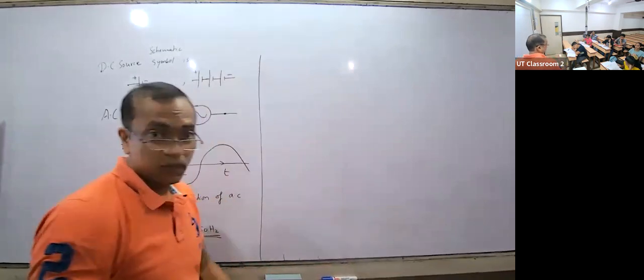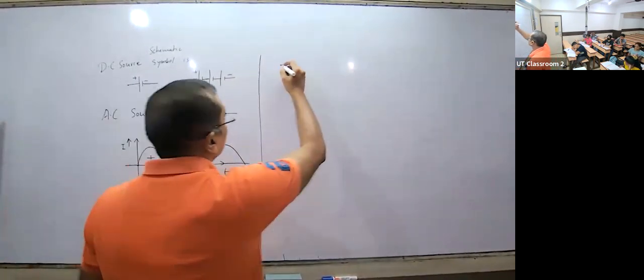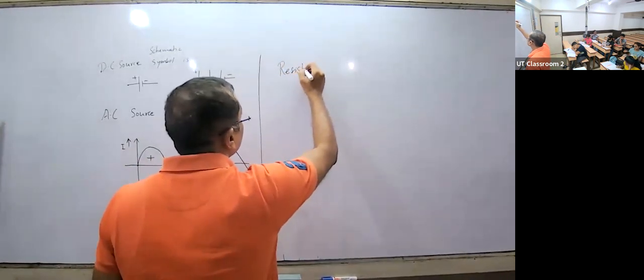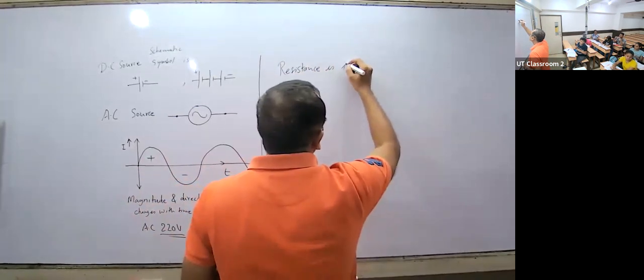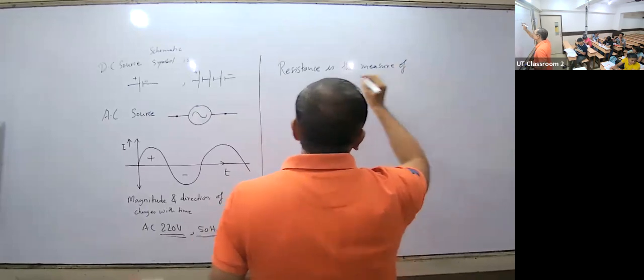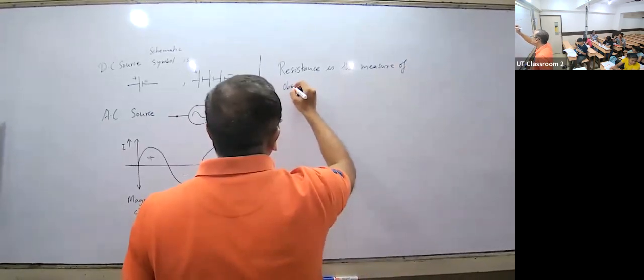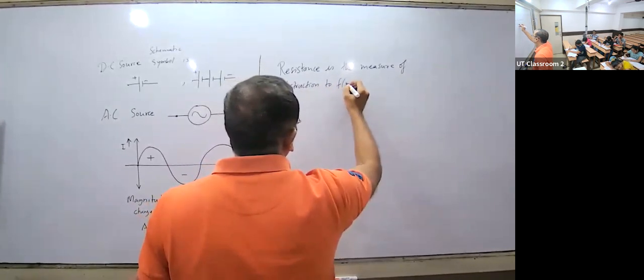Insulator. Because the resistance is opposition to the flow of current. So what is resistance? Resistance is the measure of obstruction to flow of current.